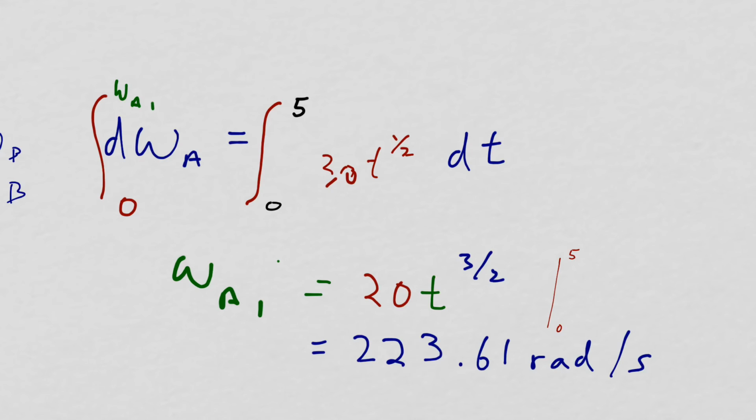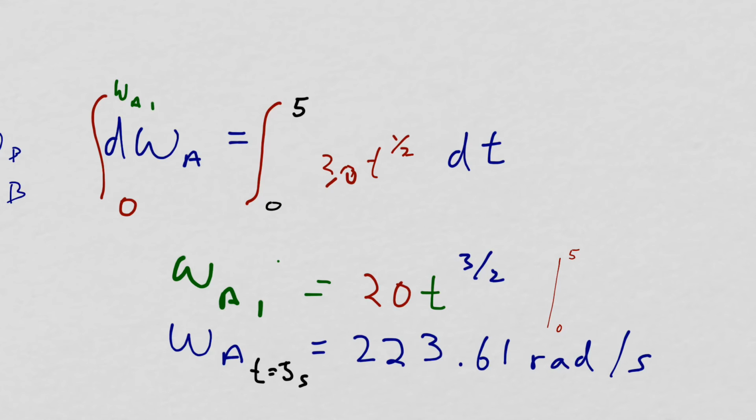So on the first stage, we solve omega A, when this A1, basically I can say it is when t equals to 5 seconds. Then I will have such value.